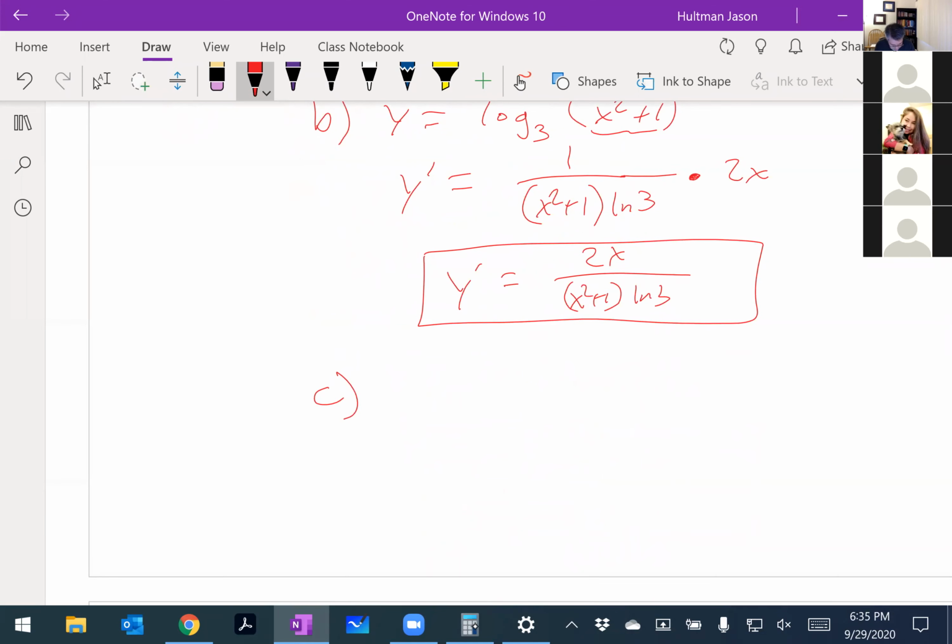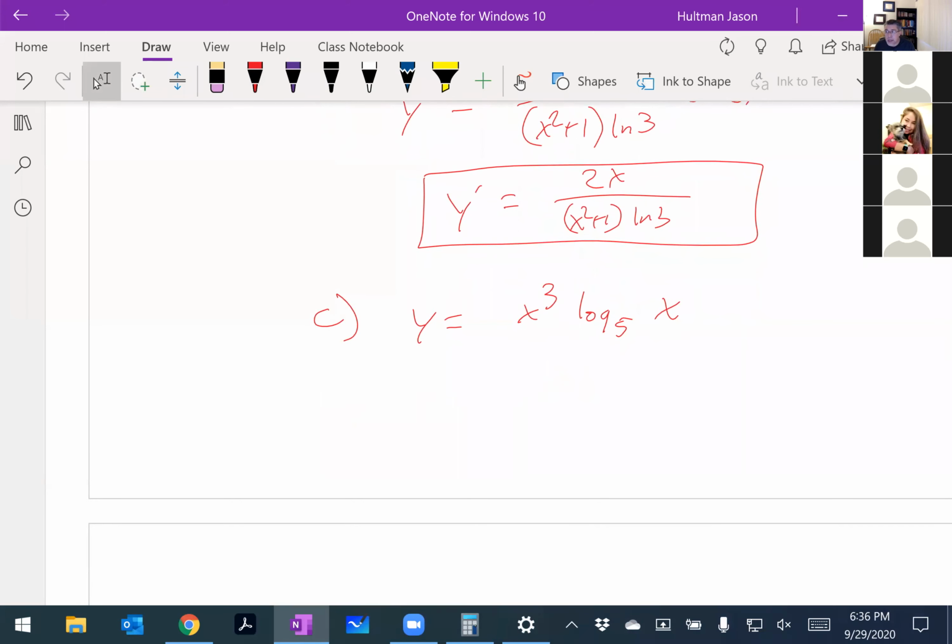Okay, and C, y equals x cubed log base 5 of x. This is going to be a product rule because we've got a function of x and a function of x. So y prime is equal to the derivative of the first, it's 3x squared, times log base 5 of x, plus the first times the derivative of the second.